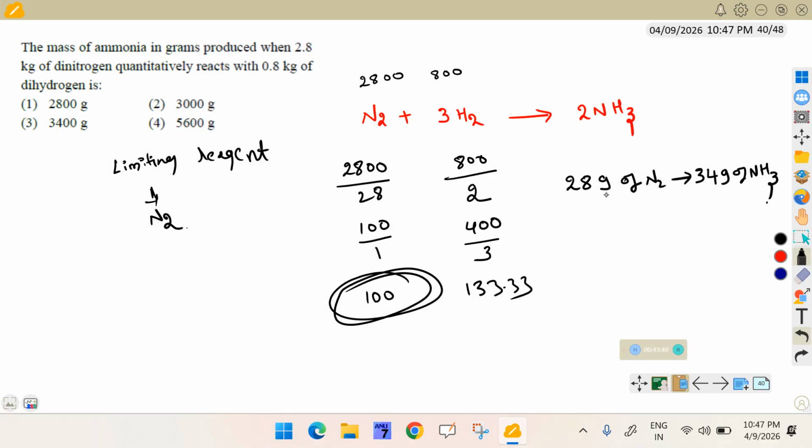Then the question is, 2800 grams of N2 gives how many grams of NH3? 2800 into 34 by 28, that is 3400 grams.